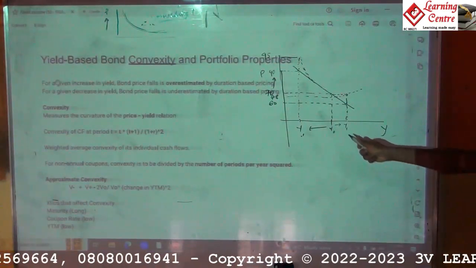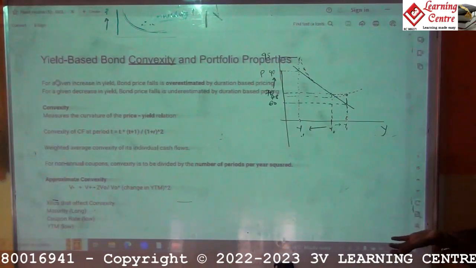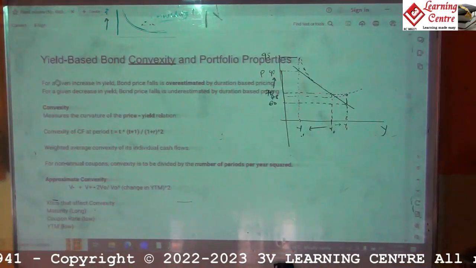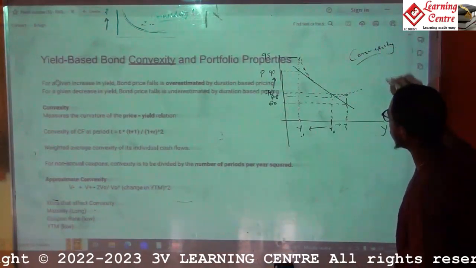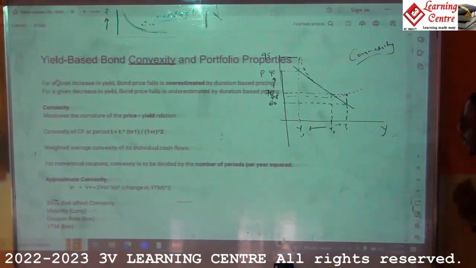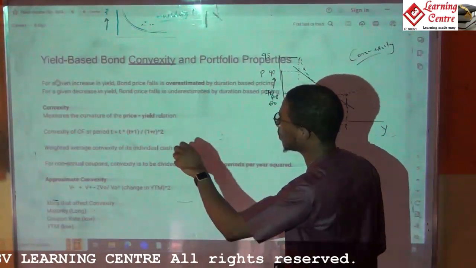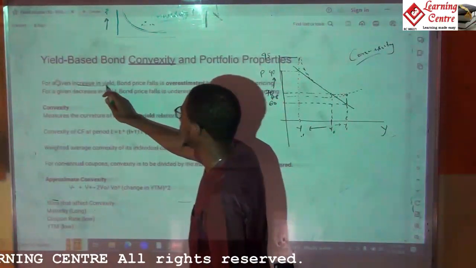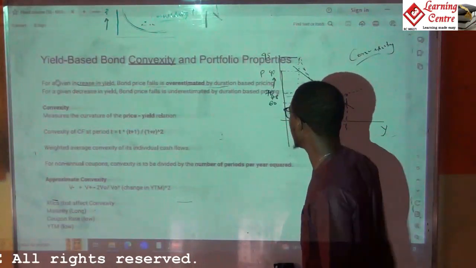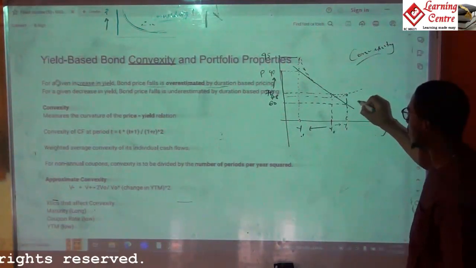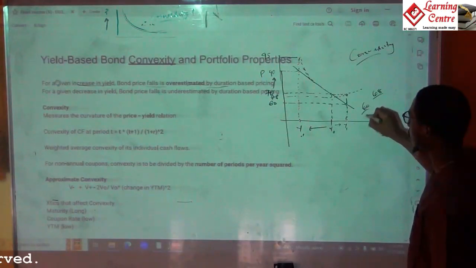And when yield rises, the decline in price is lower than what is put on the straight line. It's what we call convexity. For an increase in yield, the bond price fall is overestimated by duration alone. Duration said that the price would fall to 60, but the price was arrested at 68.